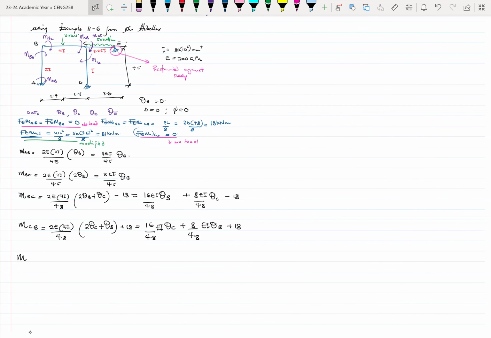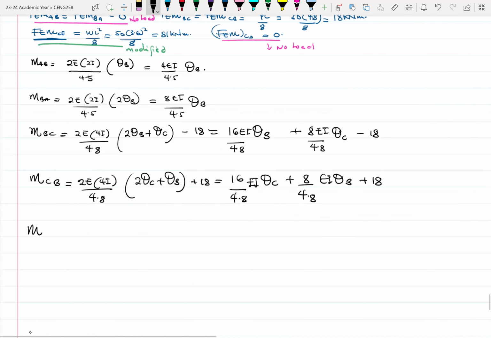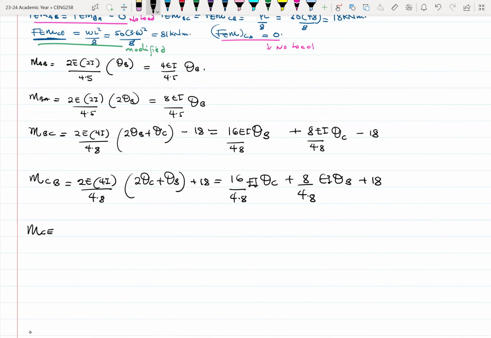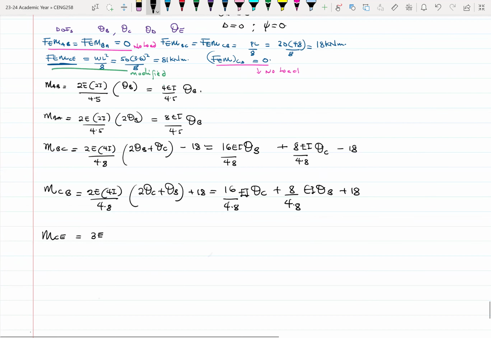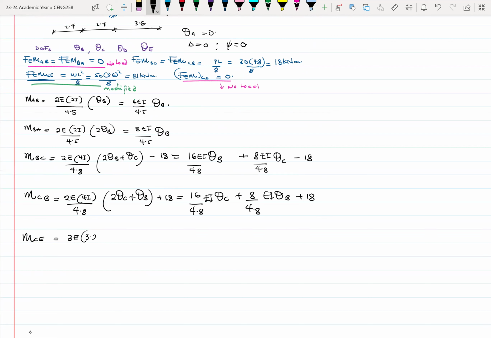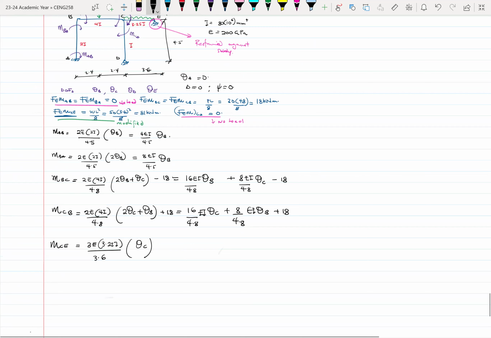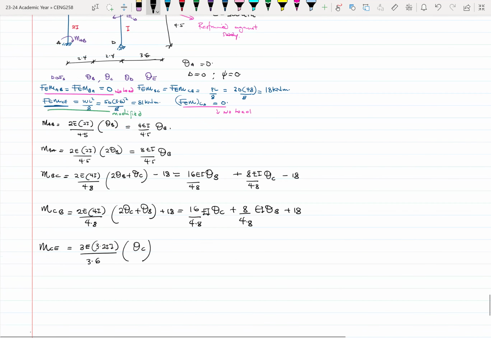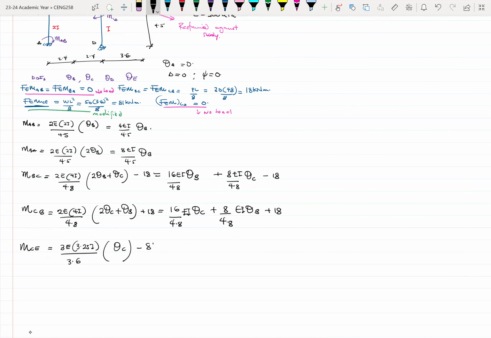MCE. With MCE, we are using the modified approach, right? So it becomes 3E, where the I is 3.25, so 3.25 I, and then the length is 3.6. So that'll give me theta C plus the fixed end moment, which will be minus 81.